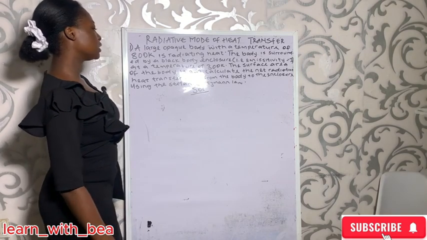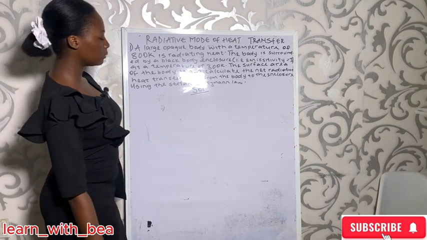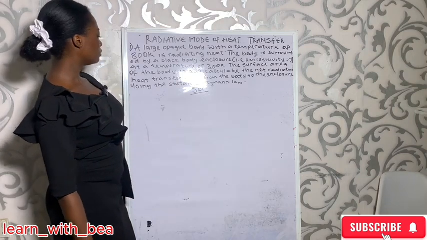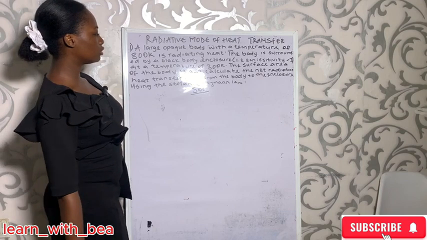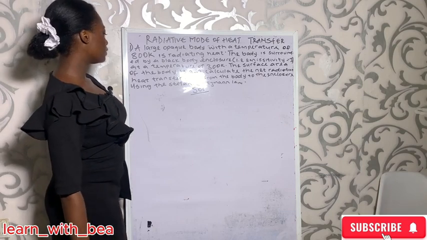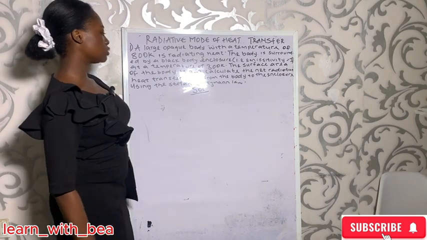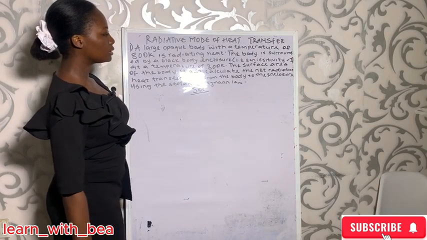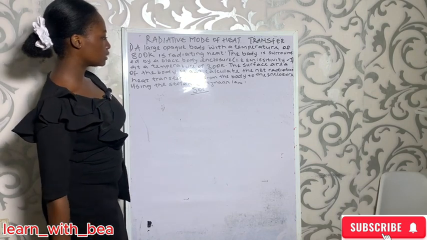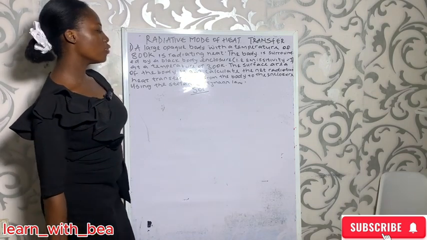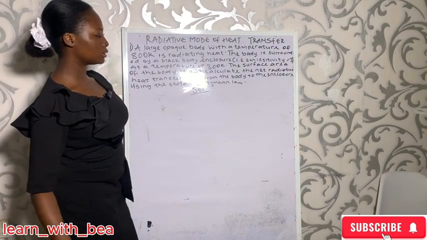The body is surrounded by a black body enclosure, that is, the emissivity is 1, at a temperature of 300 Kelvin. The surface area of the body is 2 meters squared. Calculate the net radiation heat transfer rate from the body to the enclosure using the Stefan-Boltzmann law.